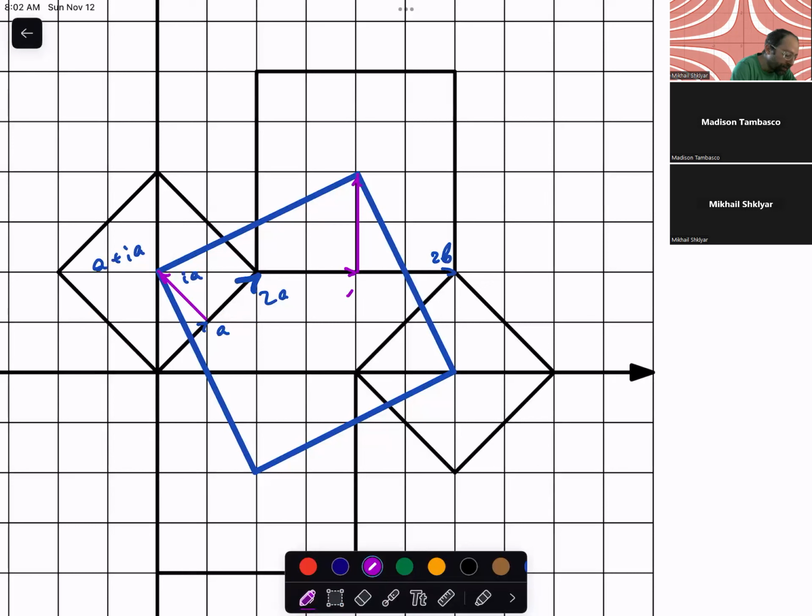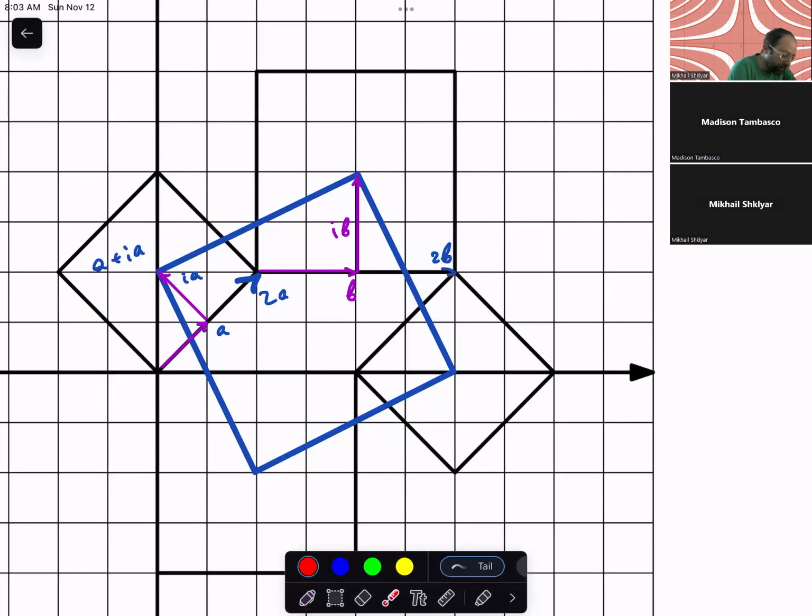This over here is b. And when I rotate b by 90 degrees, I get ib. So again, I'm being a little bit OCD here, right? So this is b, and this over here is ib.